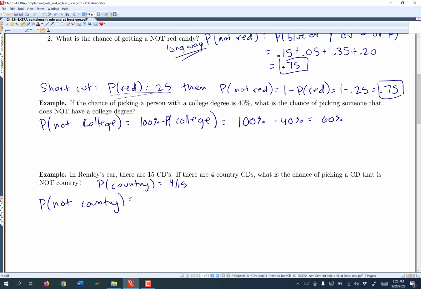I just have to know that it has to add up to 1. So we'll just do 1 minus the probability of country. So 1 minus 4 out of 15 should give me 11 out of 15. Again, when you're doing this math, I don't care if your final answer is in decimals, fractions, percents, anything you feel comfortable with. Whatever your calculator gives you, it's all okay.